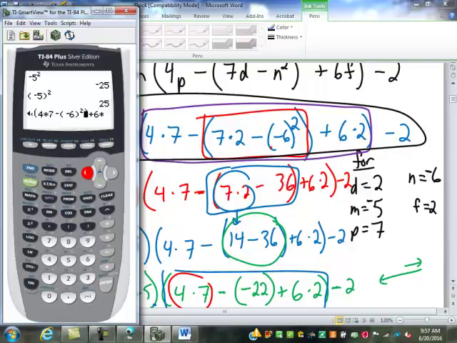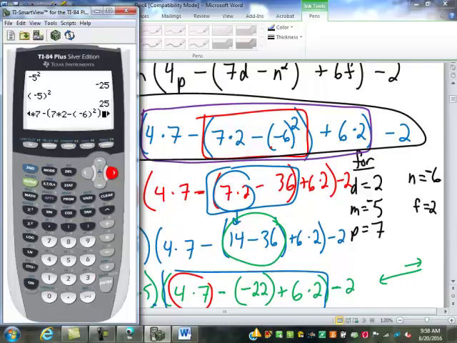Did I do that? Oh, I did. You are correct. Sorry. Let me put those in here. There, I got them in there. Thank you. So 7 times 2 minus the negative 6 squared.